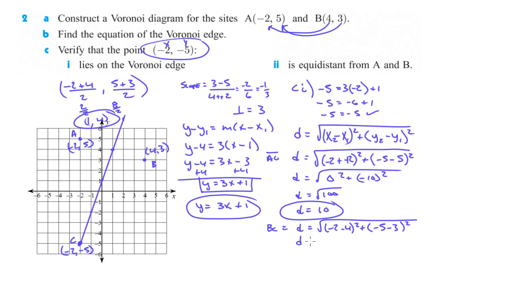So distance is going to be, we got -6 squared plus -8 squared, right? So that's going to be -6 times -6 is 36. -8 times -8 is 64. So the distance is going to be the square root of 100, which is also 10. Okay? And that there shows that it is equidistant from A and B, because both the distances are the same.